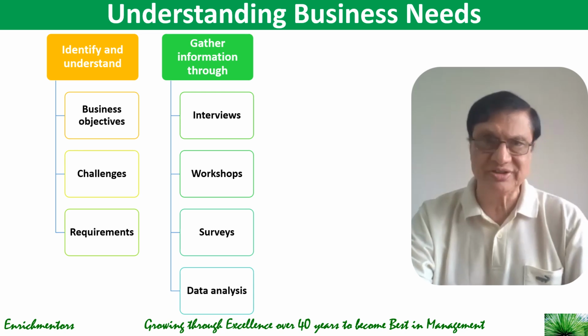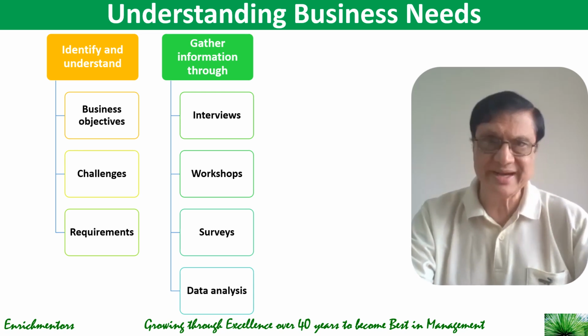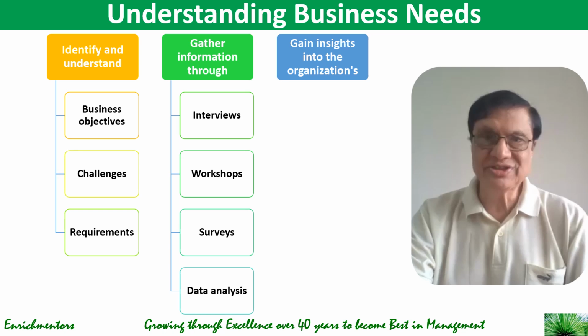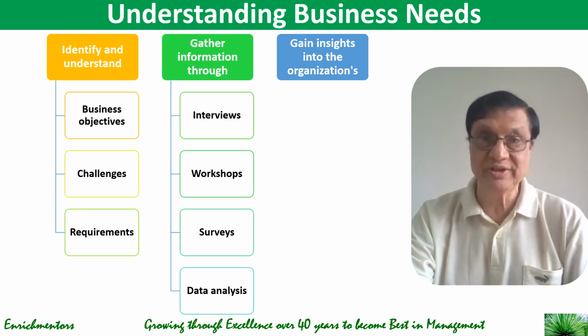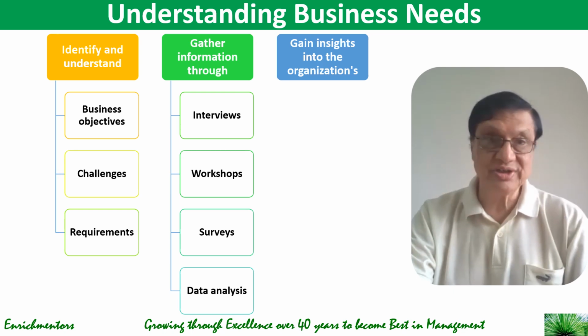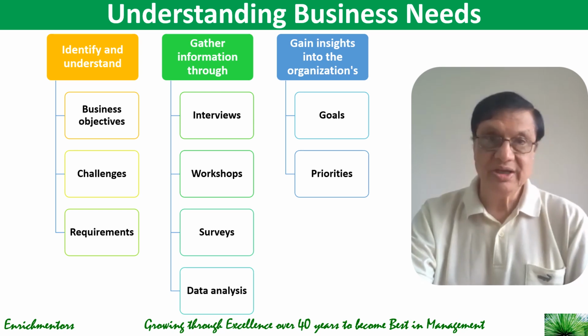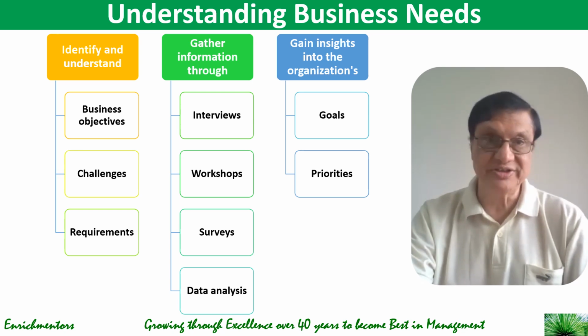We will talk about understanding business needs in another section as we go forward. You gather this information to get insights into the organization that you are working for, and you understand their goals and priorities. So that is what is involved in understanding business needs.